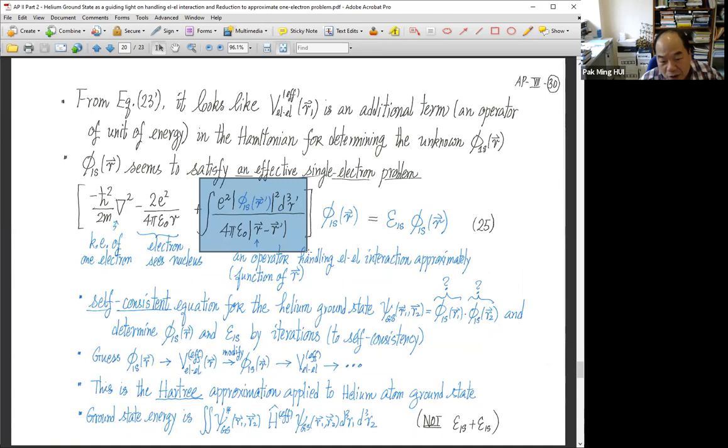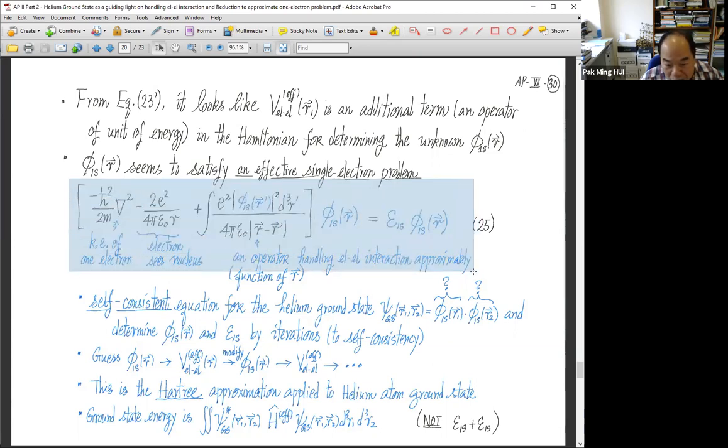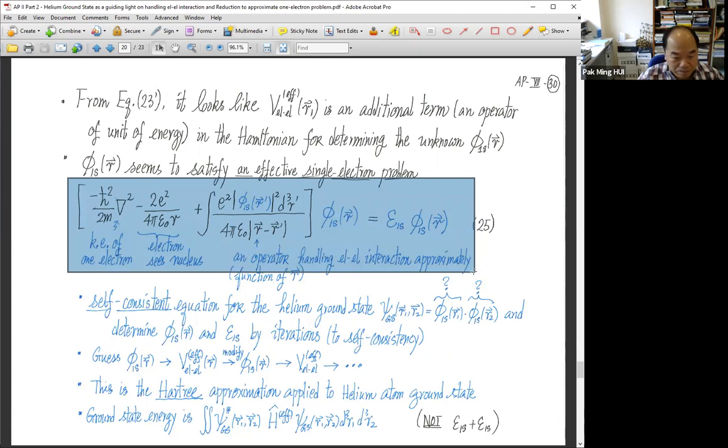More generally, that will be an operator which is a function of R. And now I have an effective single electron Schrödinger equation. Now this equation really won some Nobel Prizes already.